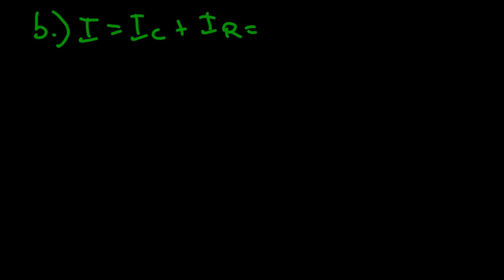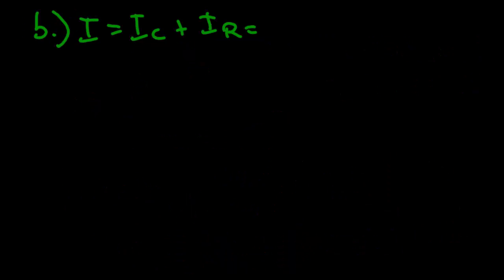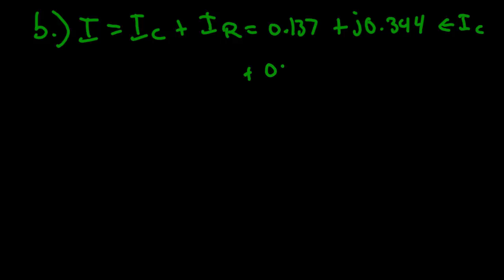Since it's easier to add in rectangular form, we're just going to have IC, which is 0.137 plus 0.344J, and IR is 0.863 minus J times 0.344.